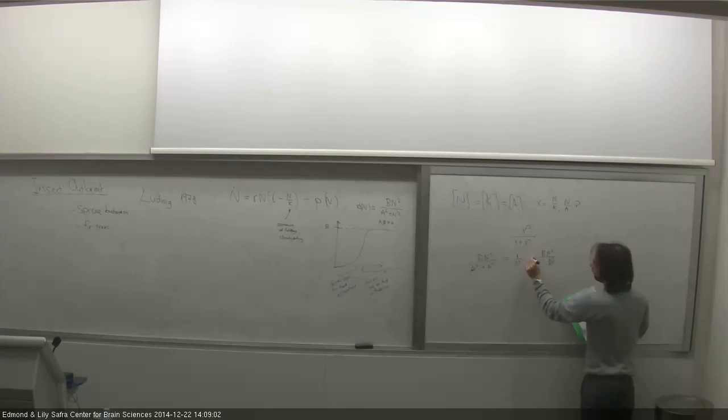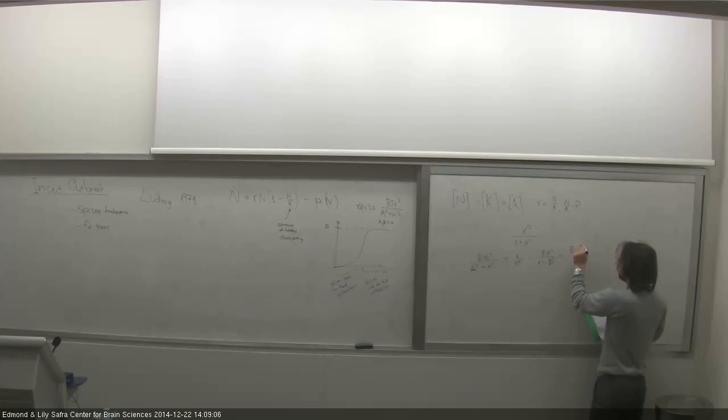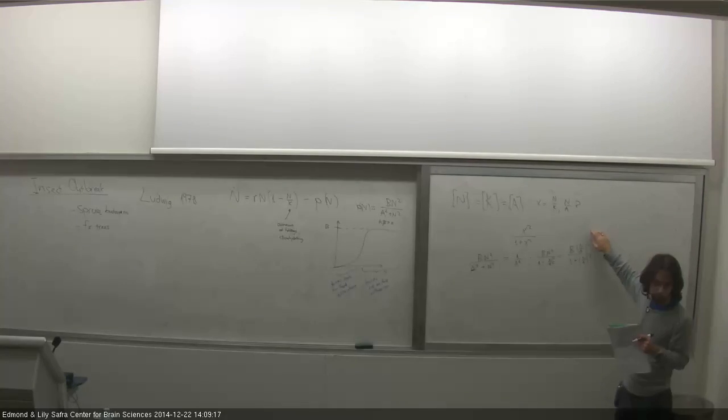And you see that I can have n over a squared both in the numerator and the denominator.